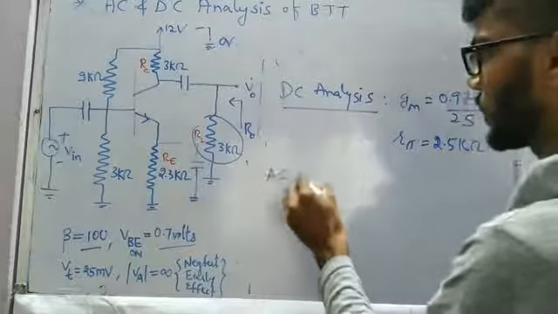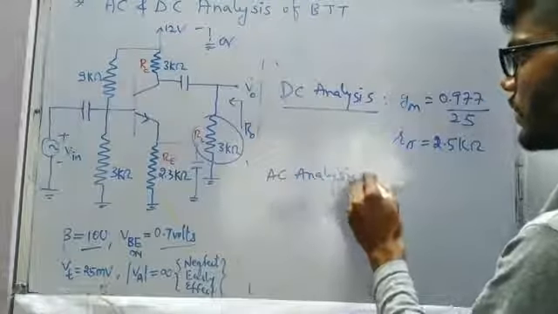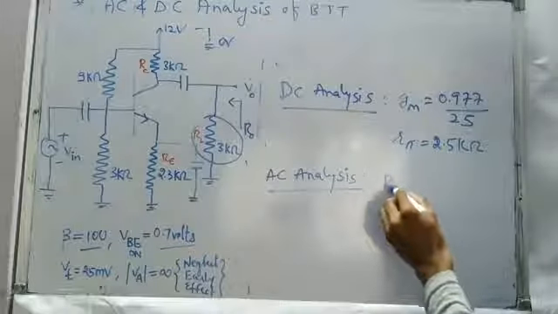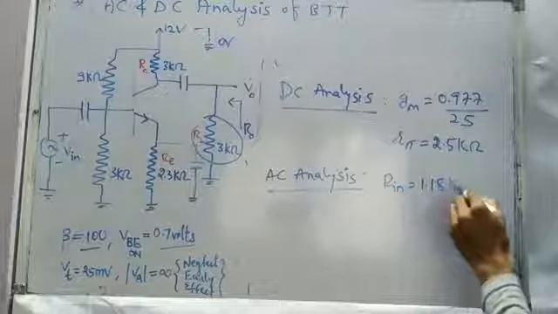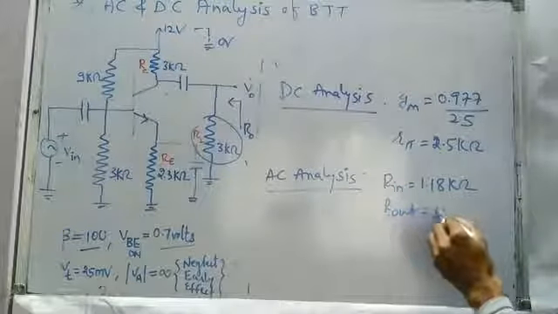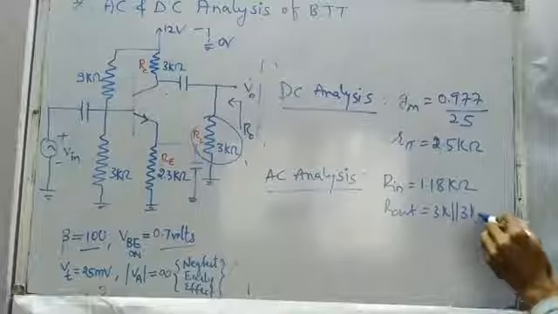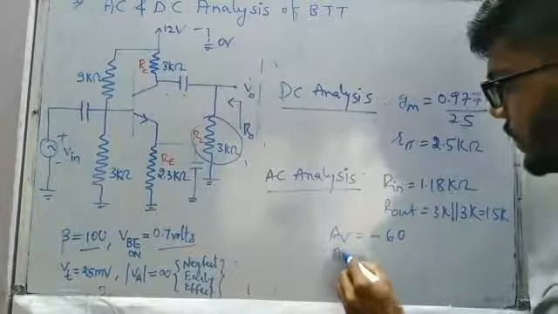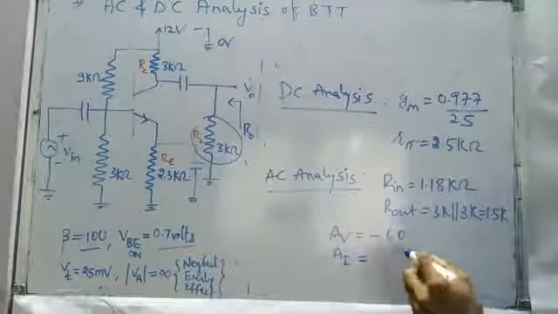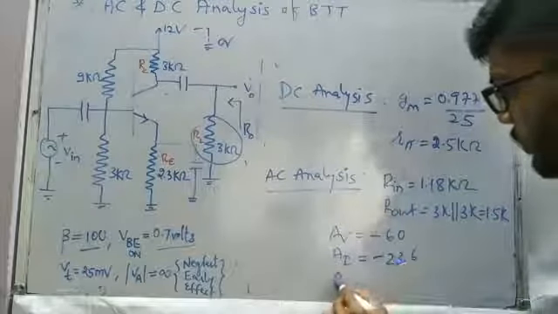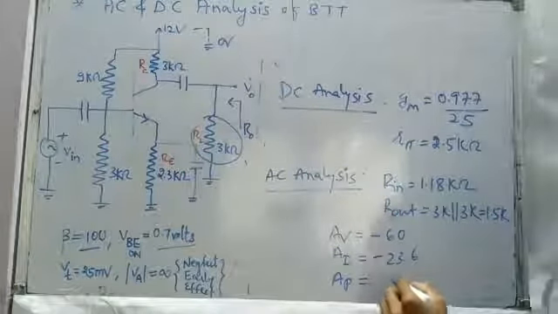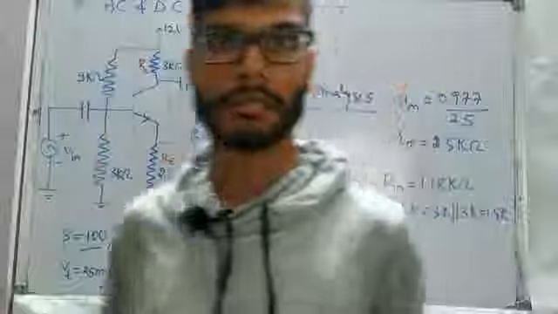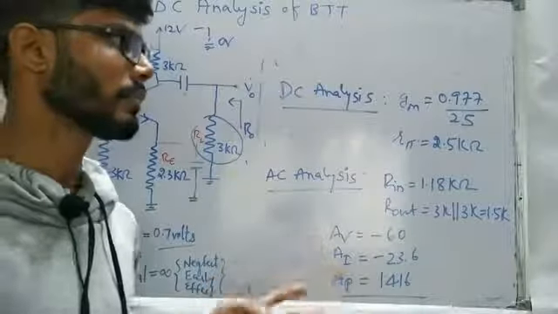Then we proceeded with AC analysis, again followed the protocols to write the AC equivalent circuit, and then we calculated the input resistance as 1.18 kilo ohm and the output resistance as 3 kilo ohm parallel 3 kilo ohm, which is 1.5 kilo ohm. Then we calculated the voltage gain as minus 60 and the current gain as minus 23.6, and then the power gain as AV into AI, which was 1416. So this is the procedure with any kind of problem, and any of the parameters can be asked in the exam.